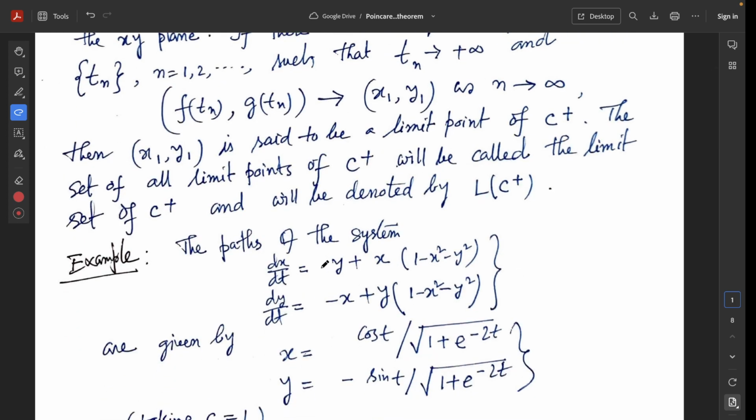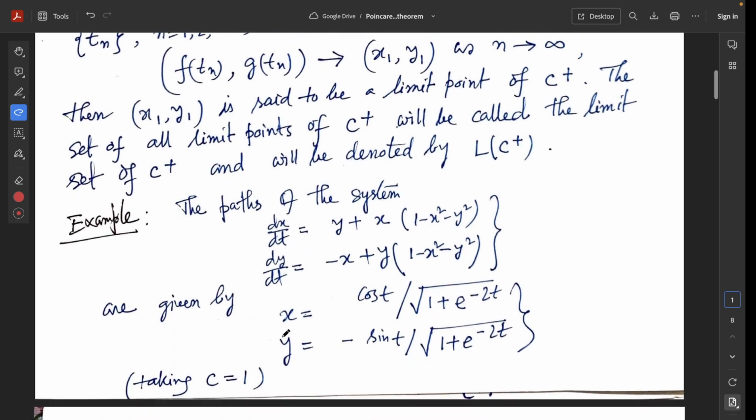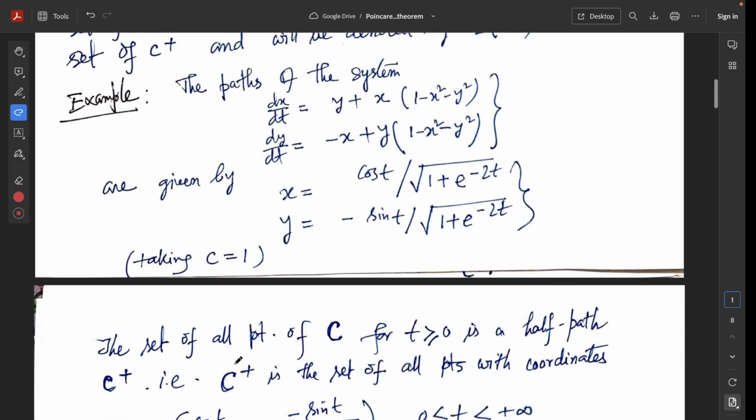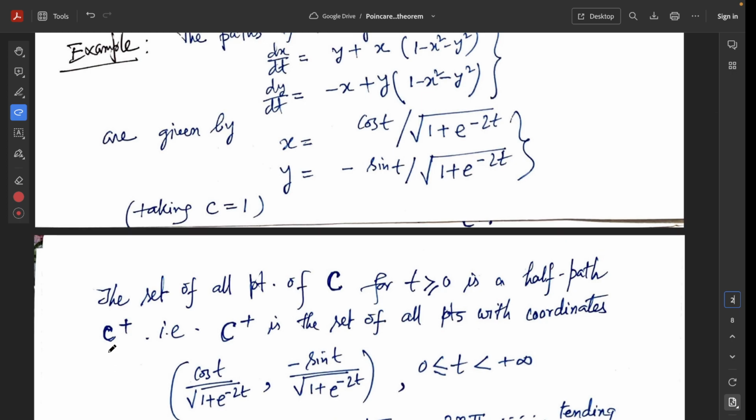Consider this example, dx/dt equal to this, and the solution of this equation is this, taking a constant, say k equal to 1. The set of all points of the trajectory C for t greater than 0 is a half path C plus.